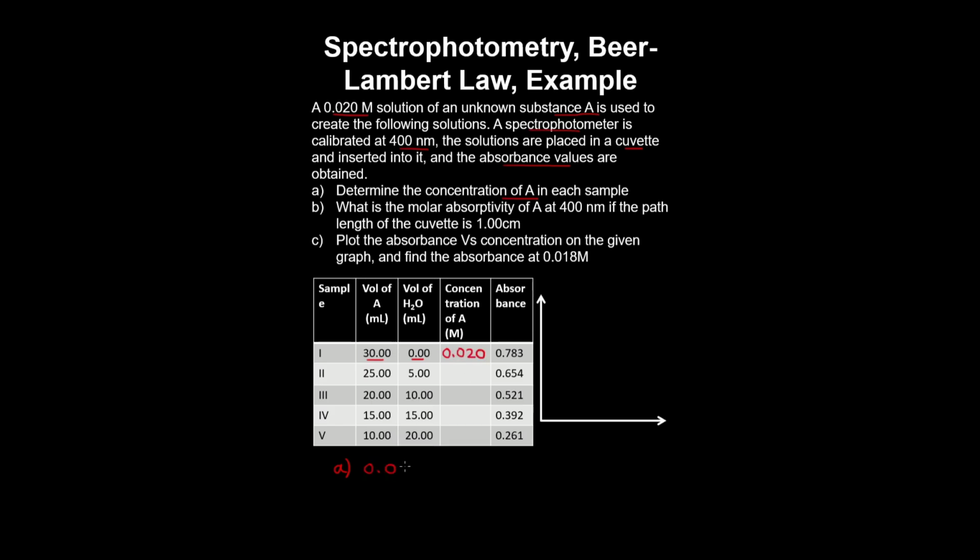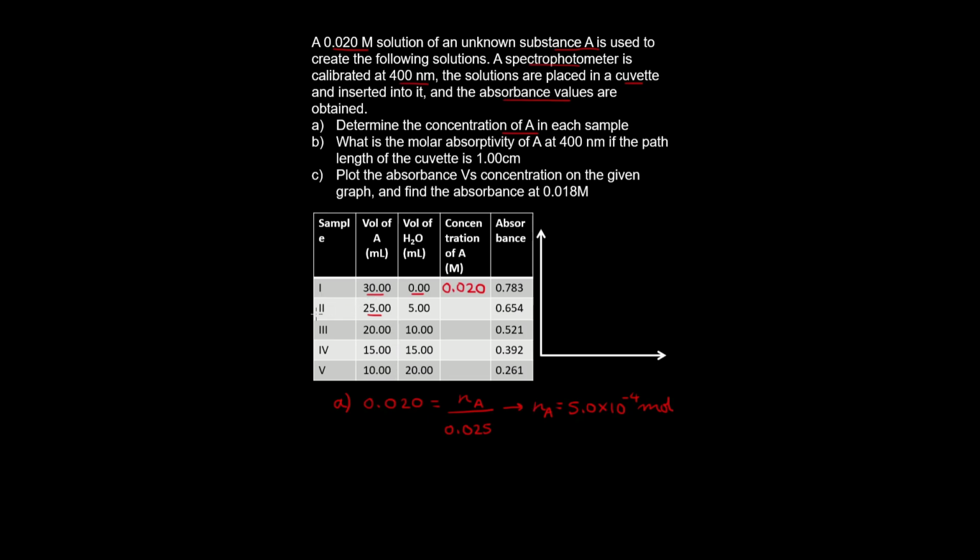And therefore, the molar concentration is equal to the number of moles of substance A over the volume of the substance in liters, and then from the number of moles, we can obtain a molarity of sample 2, in moles per liter. And repeating this process gives the molarity of the remaining samples.